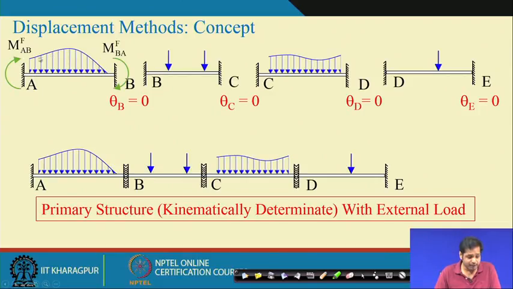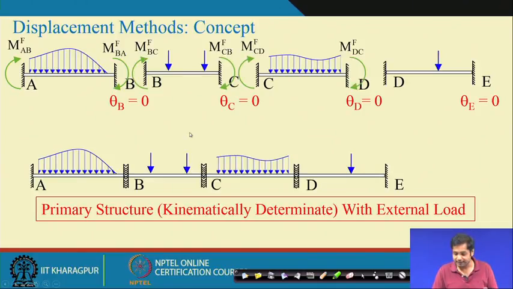Suppose MAB is the moment at A and MBA is the moment at B in segment AB. F stands for fixed end moment. They are called fixed end moments because these ends are assumed to be fixed. Similarly, we have fixed end moments for BC, CD and DE. Okay. Now, this is the primary structure subjected to the external load.